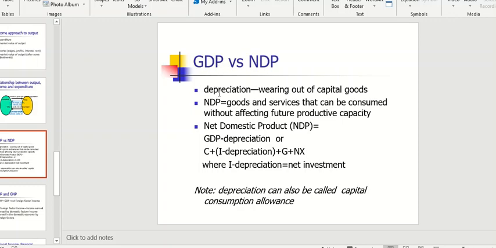Okay? So when you look at companies, when we consider a factory, for example, if a factory sells $1 billion of goods and services, $1 billion worth of goods and services.